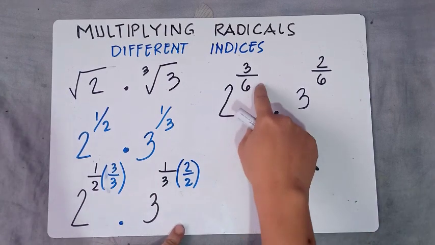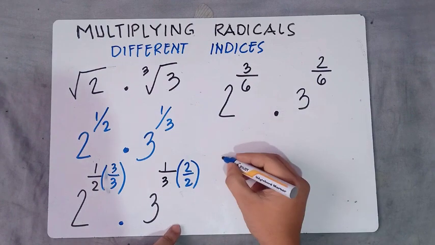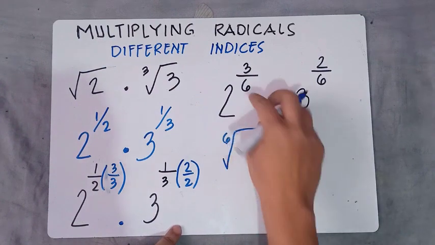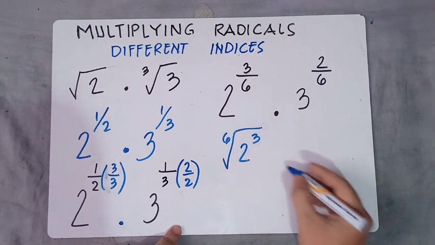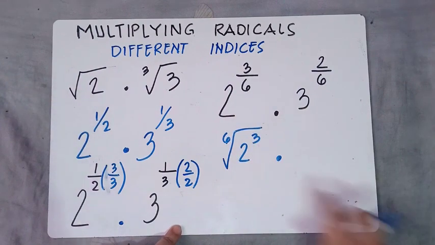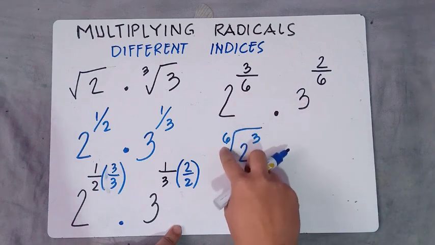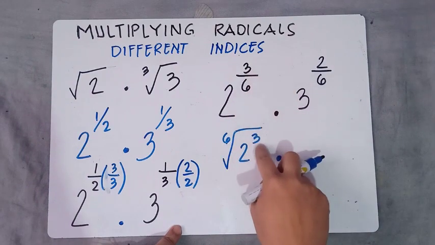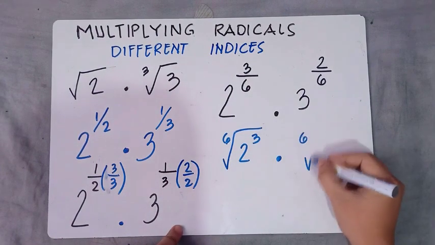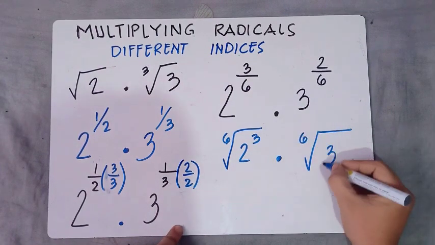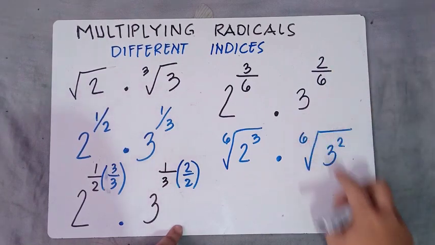Now, we convert this one into radical form for us to multiply. So this is the 6th root of 2 raised to the power of 3, multiplied by, once again, the denominator will be the index, and 3 here will be the exponent, the 6th root of 3 raised to the power of 2. 2 here will be the numerator, 6 will be the index.